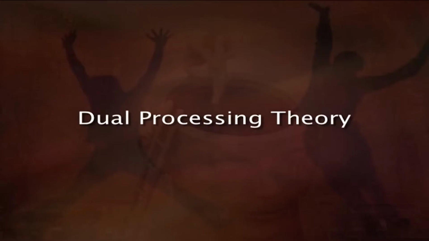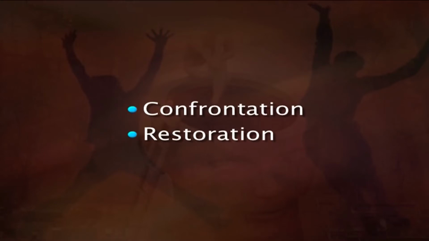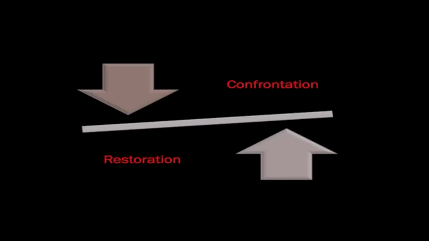Now, let us go on to the next theory on grieving. According to this theory, there are 2 processes that are involved in the grieving process, and this theory is called the dual processing theory. Here the 2 processes are confrontation and restoration, and the grief experience alternates between both of them.